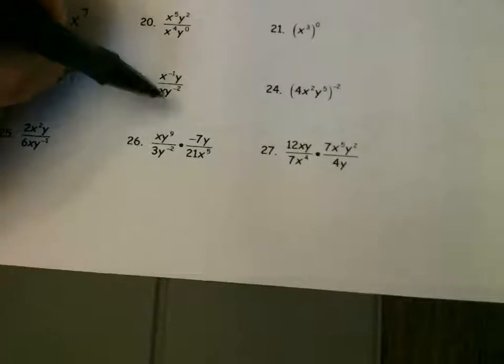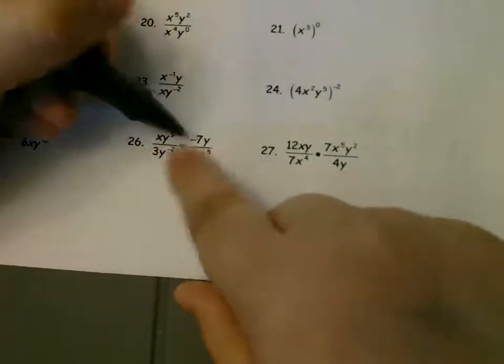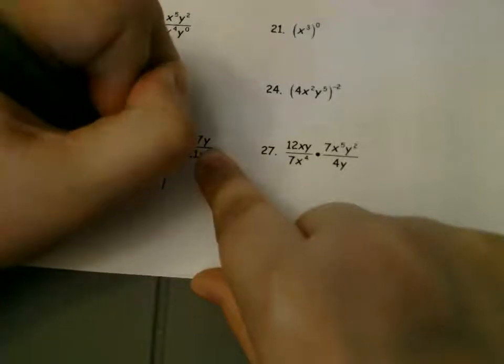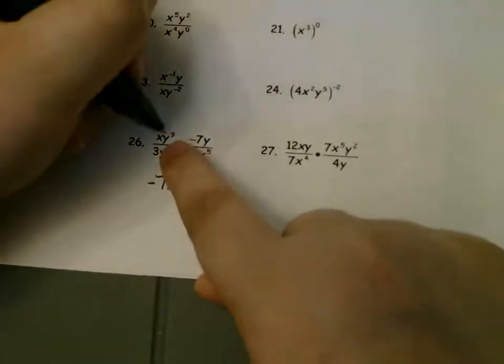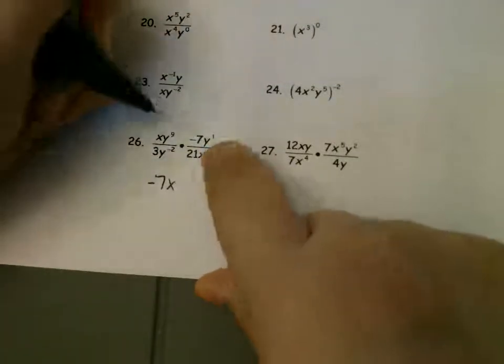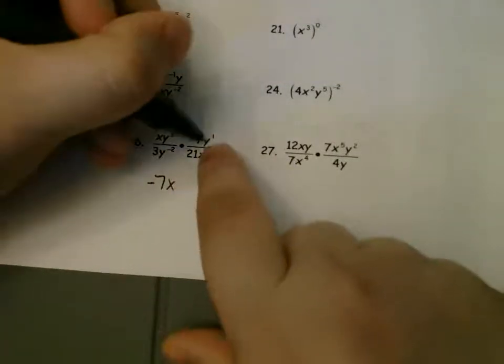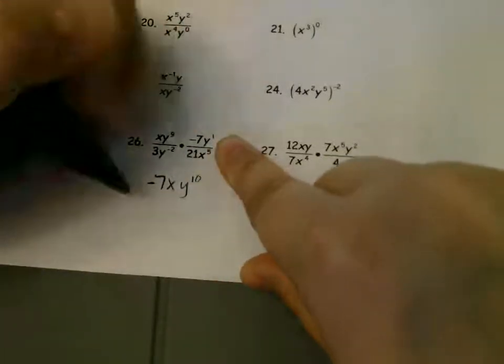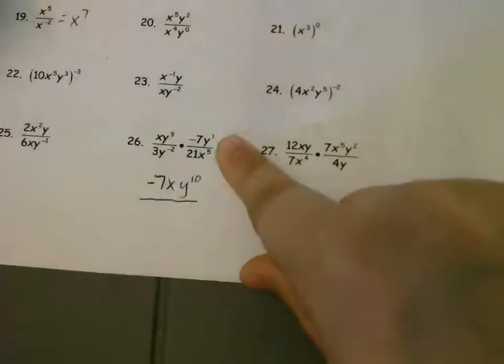In other words, I'm going to take x, there's nothing to add x to, so we've got negative 7, x, y to the power 9, and y by itself, which there's an invisible 1 there. So y to the power of 9 plus y to the power of 1 would be y to the power of 10. That's our top.